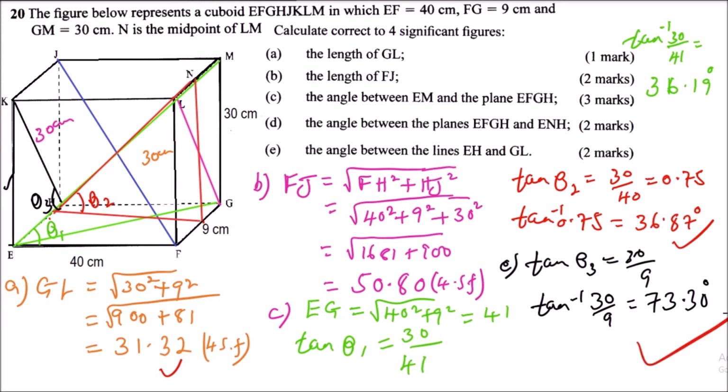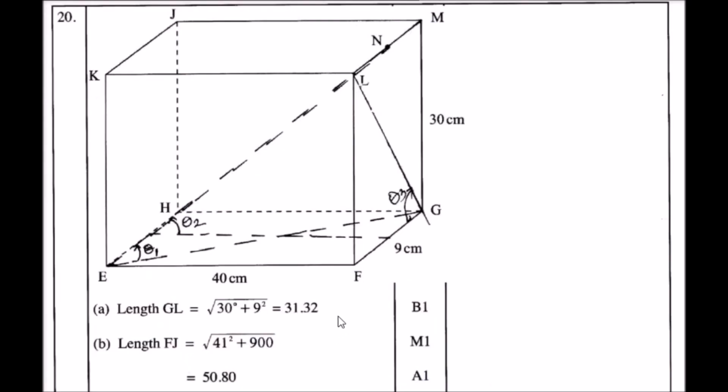You get 10 marks. So the following, I'm going to explain how marks are awarded in this question. For part A, you get 1 point for getting GL. Part B, you get 1 mark for the method and 1 mark for the answer.